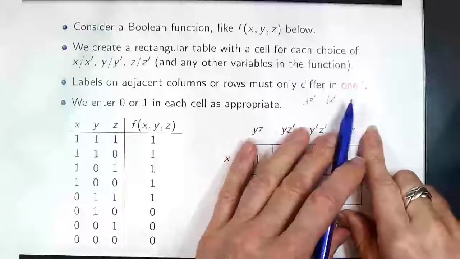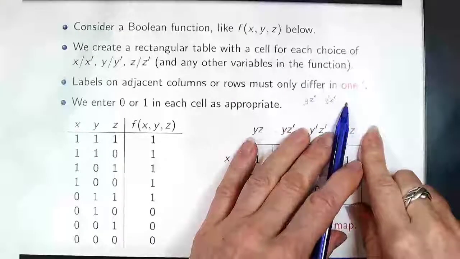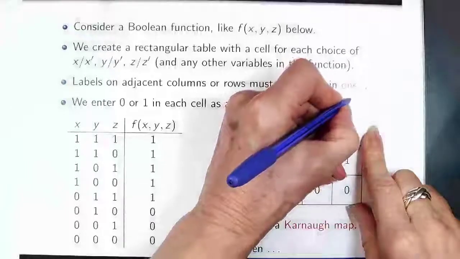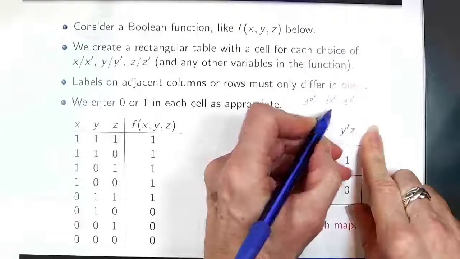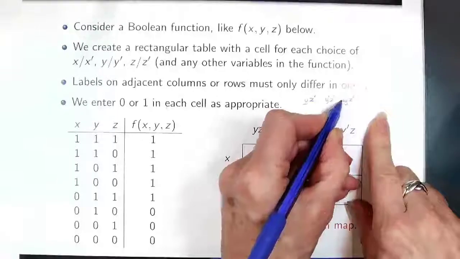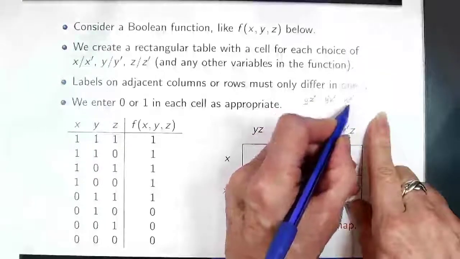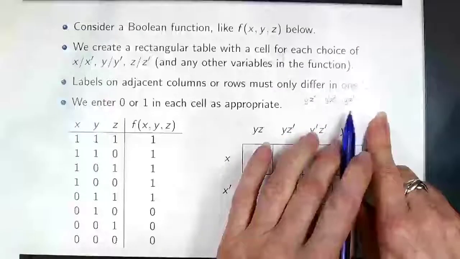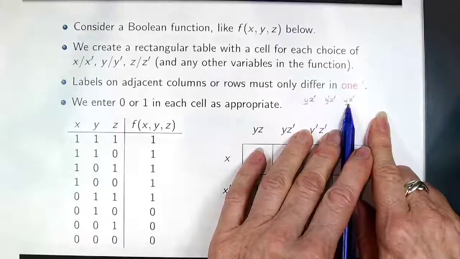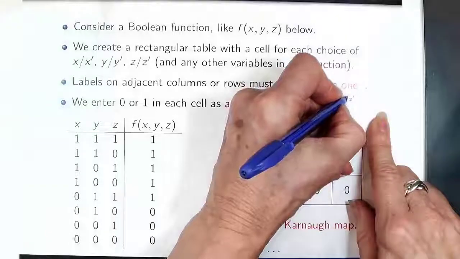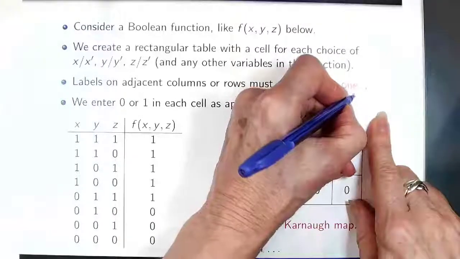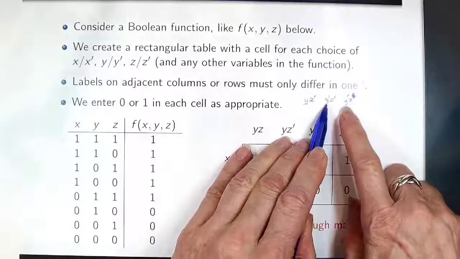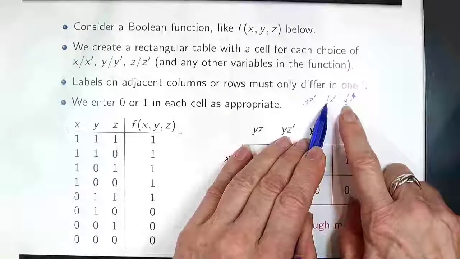Now, would I put YZ dash here? I wouldn't. I've changed the Y but not the Z dash. Why wouldn't I put it there then? I've already got it. So what am I going to put here then? Y dash Z. That's okay because Y dash stayed the same and I changed the Z.